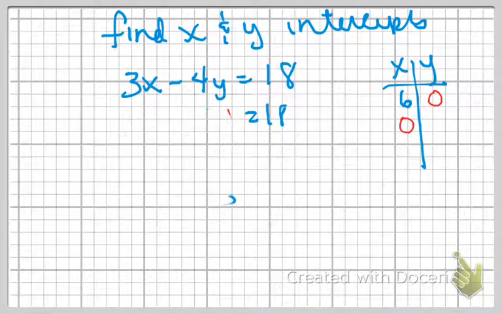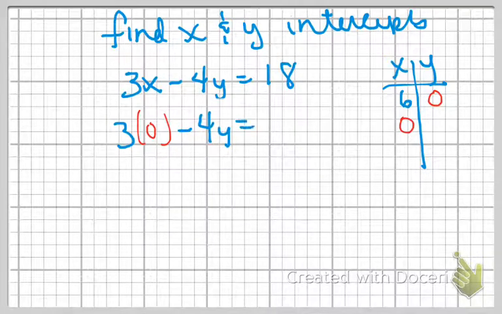So I'm going to erase this and do the exact same thing looking for the y-intercept. If I'm looking for the y-intercept, that means x is 0. So I got 3 times 0 minus 4y equals 18. 3 times 0 is 0, but now I have to bring down my negative because it's in front of the 4. So negative 4y equals 18.